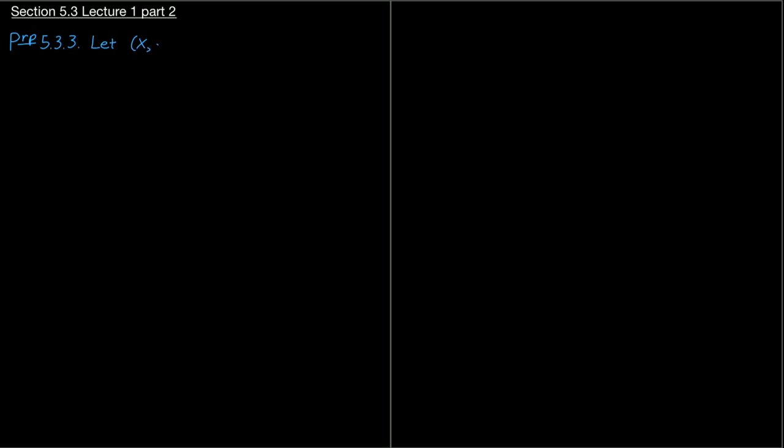So let's let X, d be a metric space, and we're going to grab a subset of it. And it's sort of traditional to call closed sets F and open sets G. I don't know why.